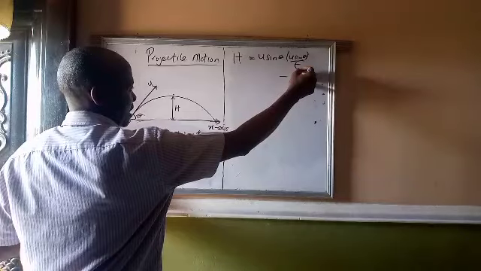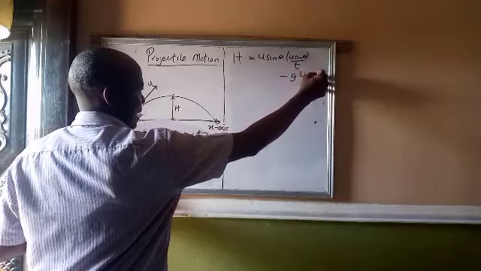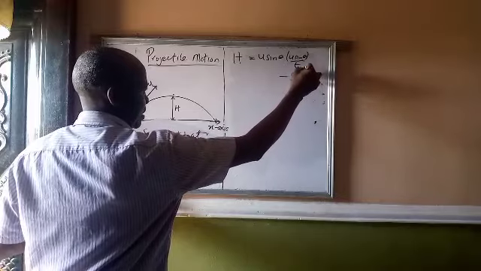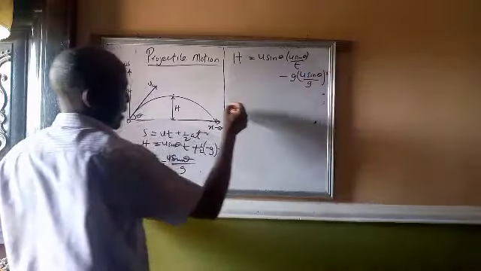That gives us u sine theta divided by g raised to power 2.